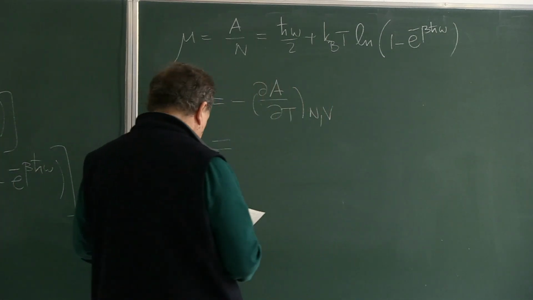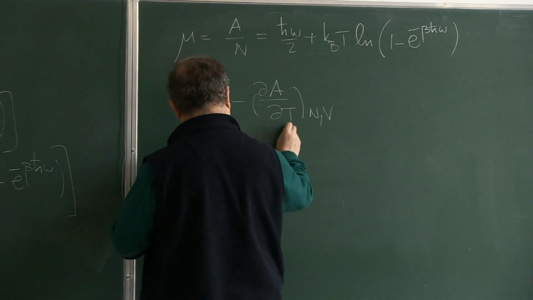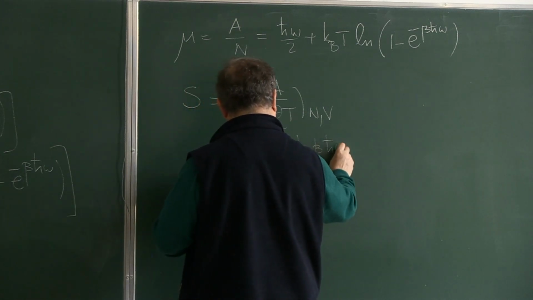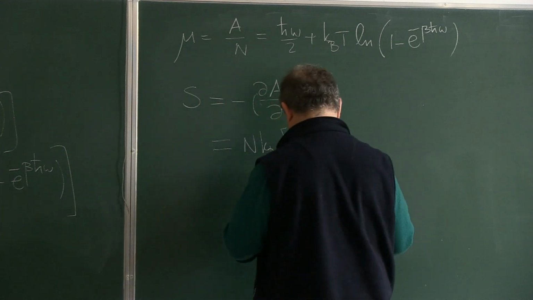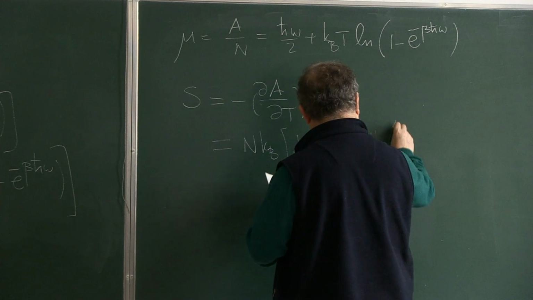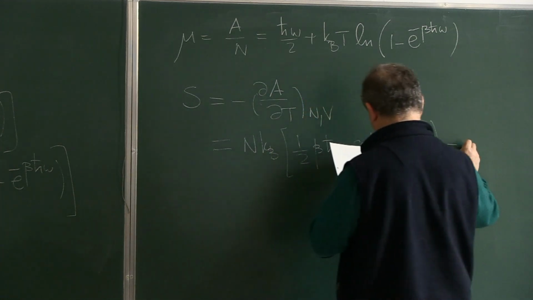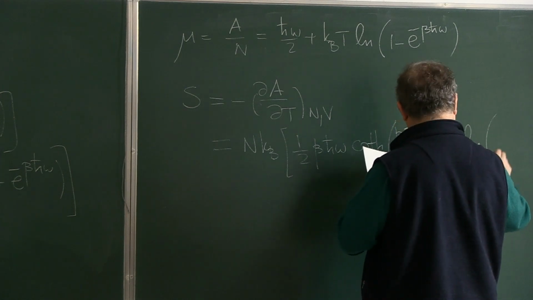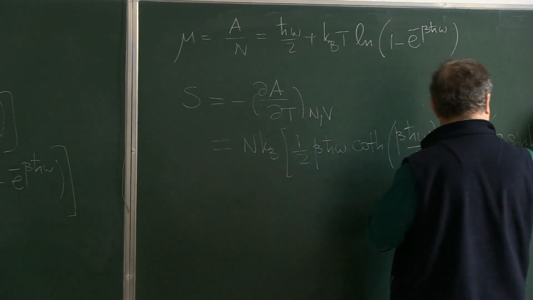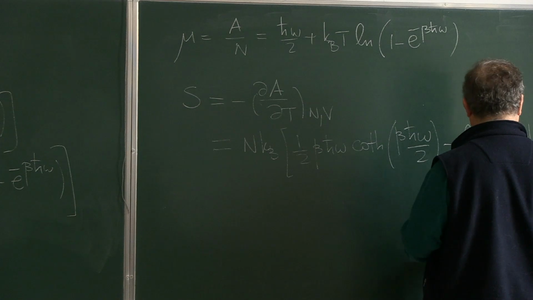I recommend this. N kB times (1/2 βħω coth(βħω/2) − ln(2 sinh(βħω/2))).